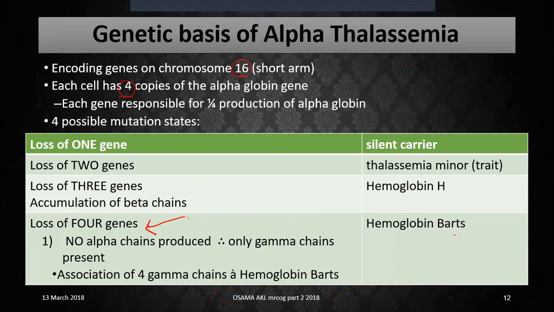And this is called hemoglobin Barts. You can identify hydrops fetalis of the fetus if hemoglobin Barts is present. If the 4 genes are present, this is a healthy person. If one gene only is affected, this is a silent carrier. Silent means asymptomatic and needs no treatment.